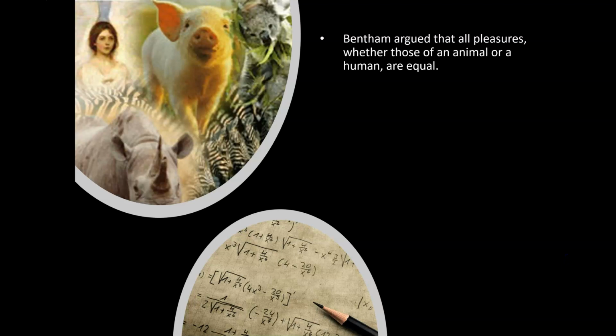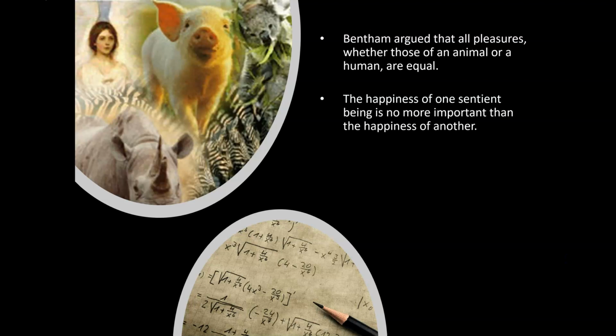Further, Bentham argued that all pleasures, whether those of an animal or a human, are equal. A human pleasure is not any better than an animal pleasure. Right? They're equal. The happiness of one sentient being is no more important than the happiness of another.